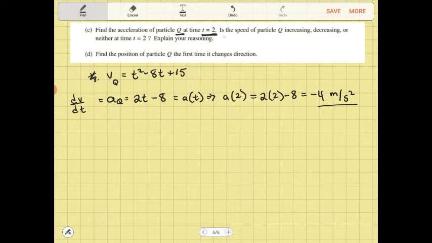Now, is the speed of particle Q increasing, decreasing, or neither at t equals 2? To be able to say if the speed is increasing or decreasing, what do we have to do?